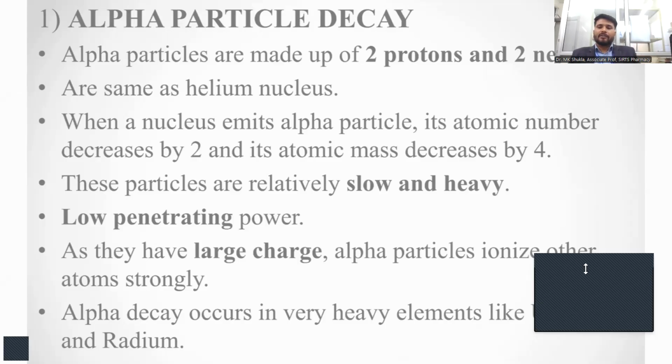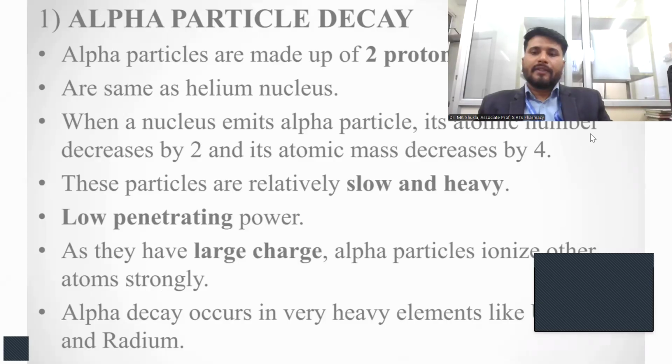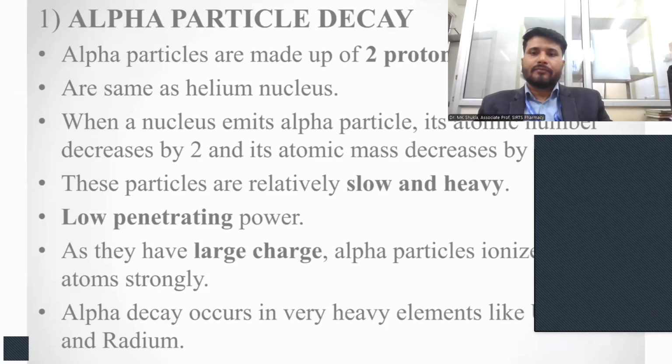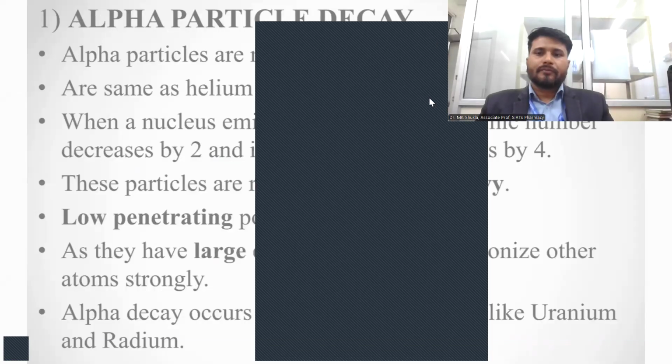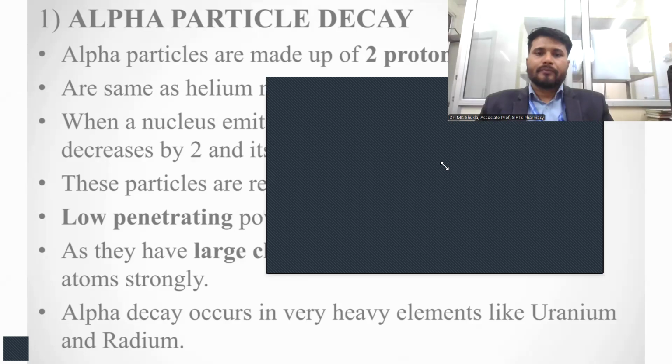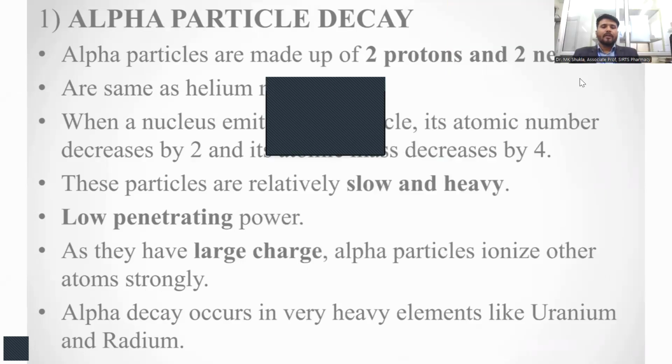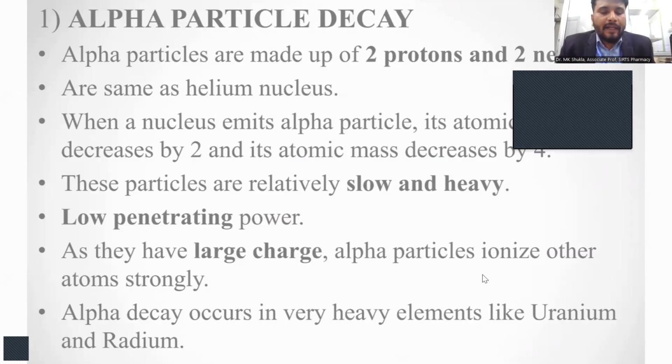As they have a large charge, alpha particles ionize other atoms strongly. Also, alpha decay occurs in very heavy elements like uranium and radium.